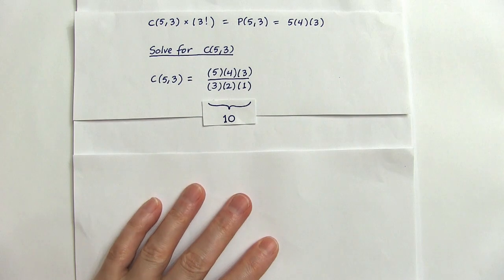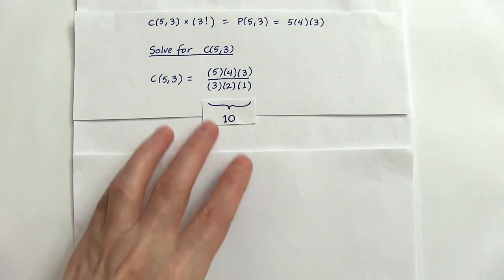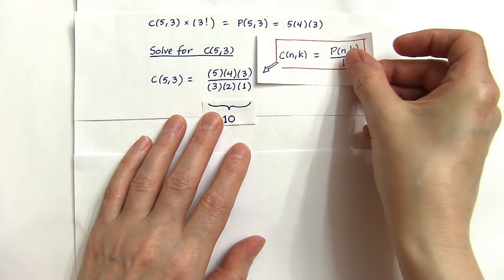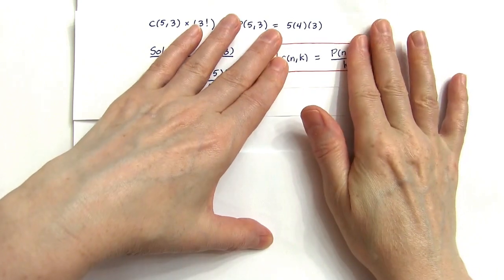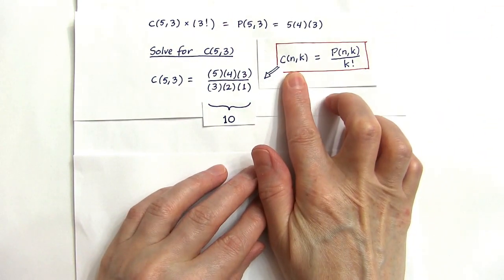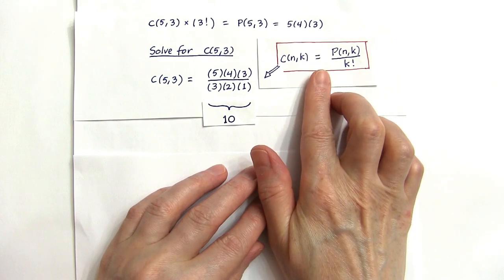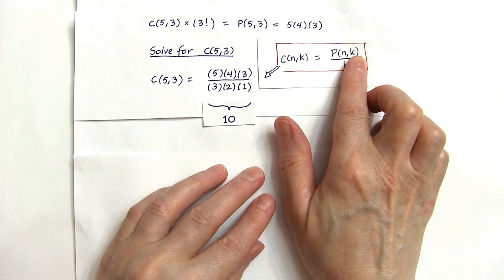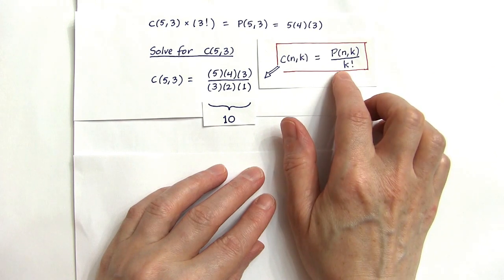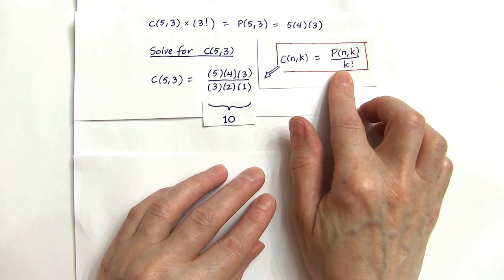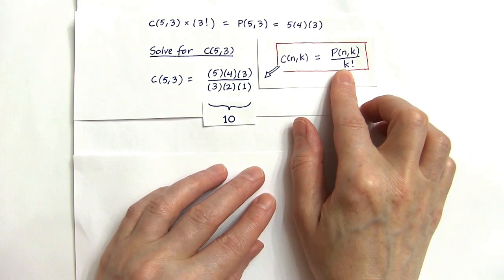With a little bit of thought, you can see that every problem of this sort can be solved using this same method, so that the number of combinations of n distinct elements taken k at a time is equal to the number of permutations of n distinct elements taken k at a time, divided by k factorial, or the number of ways that you can permute k elements.